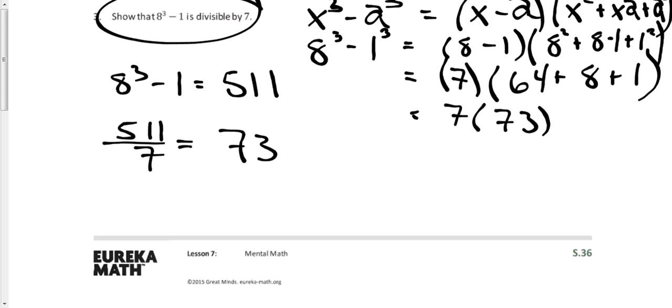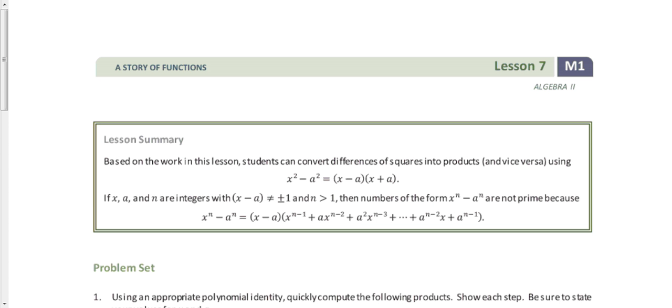So, we are done with lesson 7. Problem set due on Monday. 1 through 4, 6, and 7. How do I like my problem sets turned in? Separate sheet of paper.